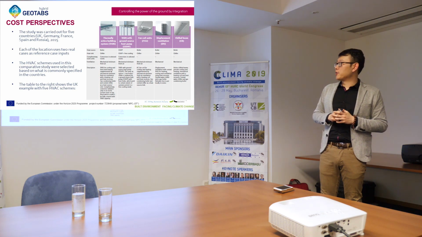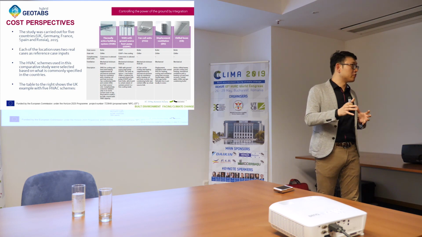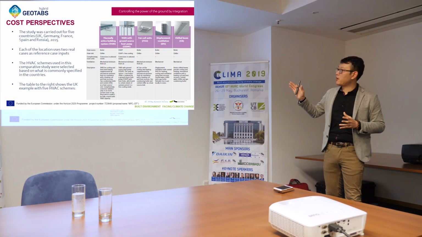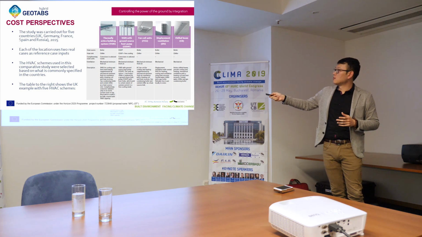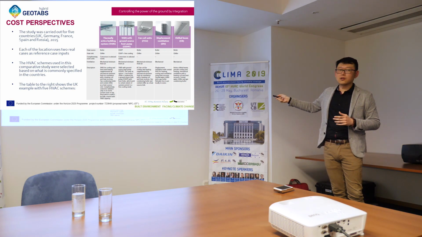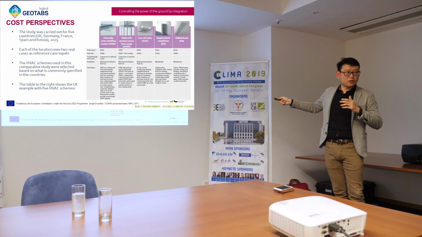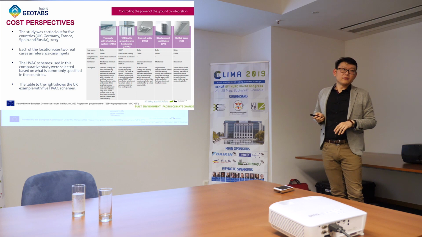Because these are all real cases, and we used a market price for all the components, and we compared taps with boilers, for example, the first one, without a ground source heat pump, and the second one, taps with ground source heat pump, and 3 other common solutions for heating and cooling in office buildings, for example, FCU, fan coil units, displacement ventilation, and chilled beam.